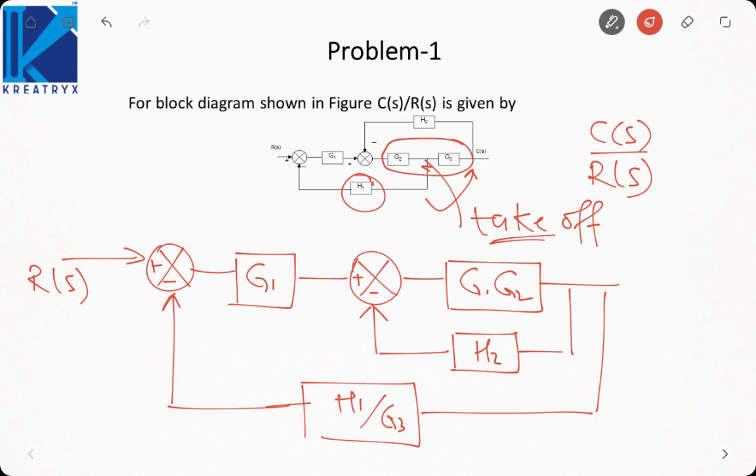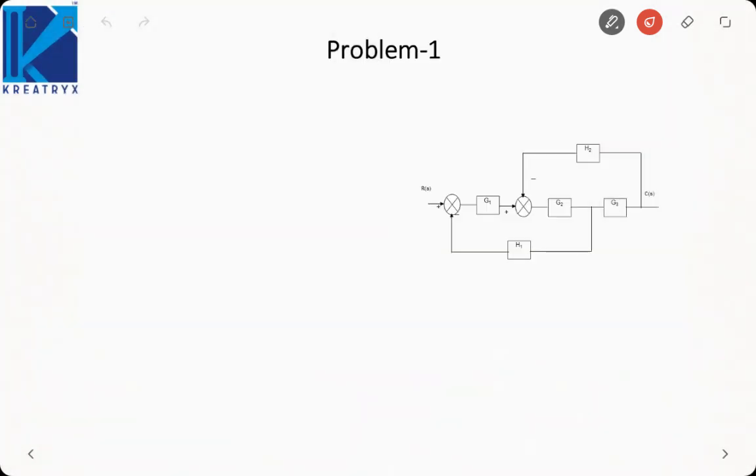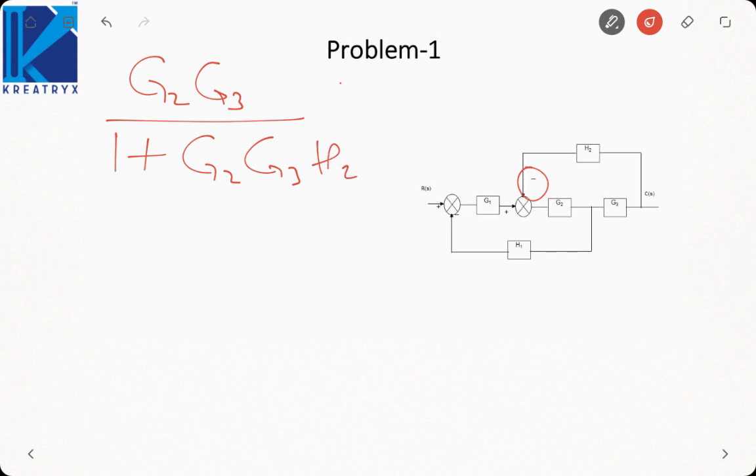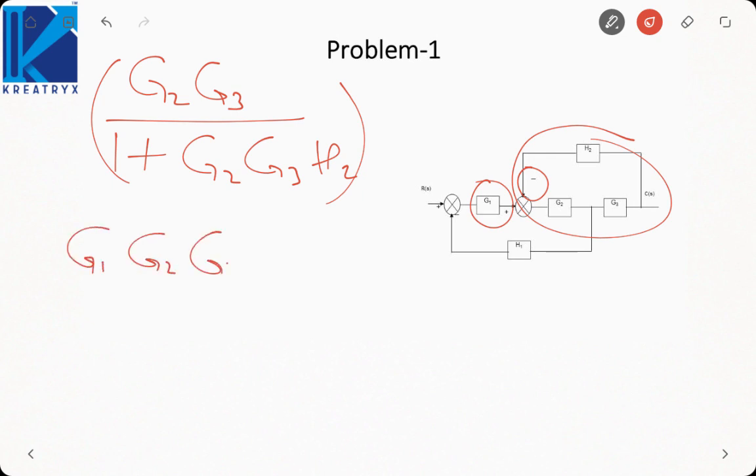Now if you see, this is a simple feedback loop, and then this feedback loop is in cascade with this block, and again we have a feedback loop. So calculating the transfer function for the first feedback loop: the forward transfer function G2 G3 over 1 plus, because of this negative feedback, G2 G3 H2. Now this entire loop is in cascade with this, so it will be G1 G2 G3.